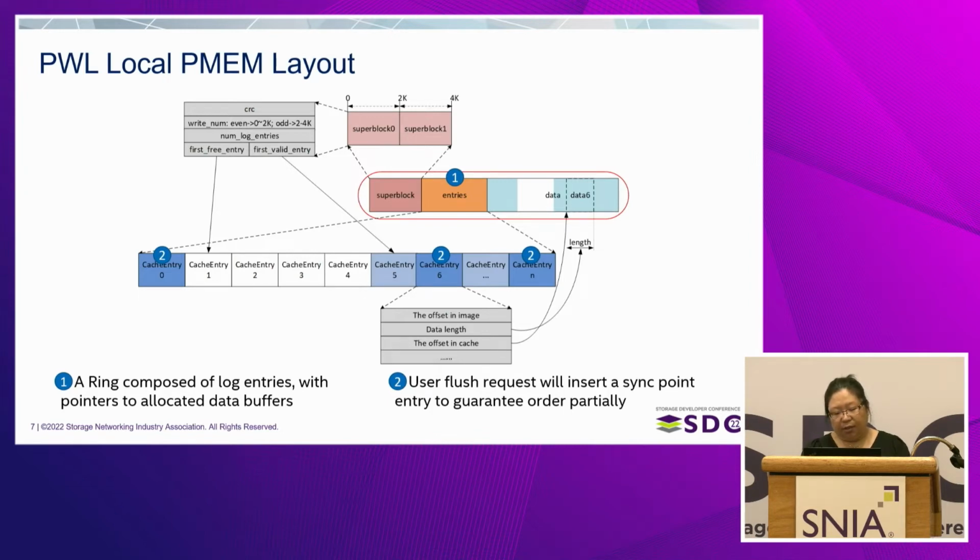And in order to guarantee the write order sequence, when the client issues the flush command, we put an empty or special sync point cache entry into the entries. This means that when the background thread writes data to the Ceph cluster, before the sync point, the cache entries can be written together.